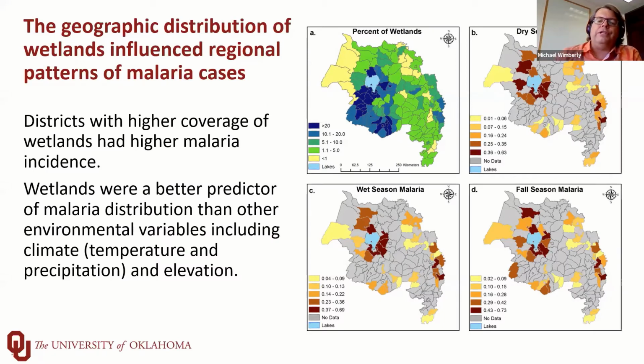And you can see, this is broken down by what are called woredas, or districts. If you look at the upper left subfigure A, the bluer areas have more wetlands. And then the other maps are dry season malaria, wet season malaria, and then the fall season right after the wet season.